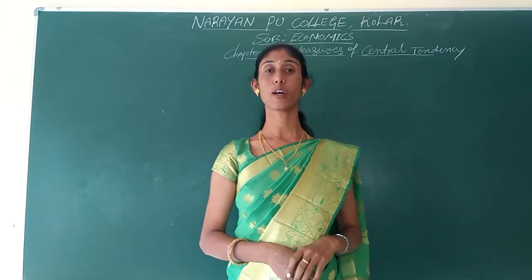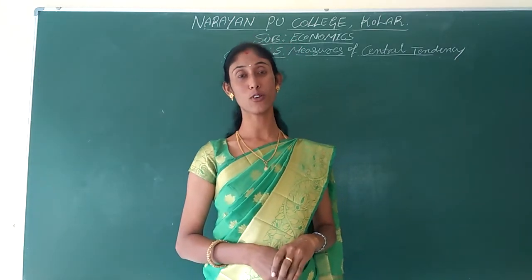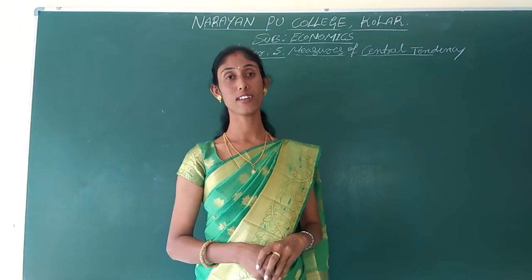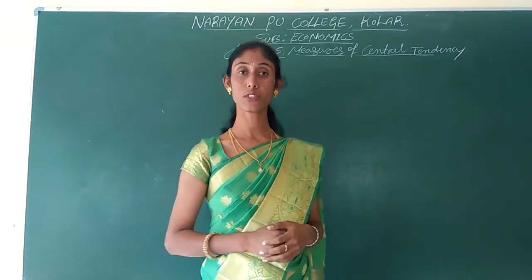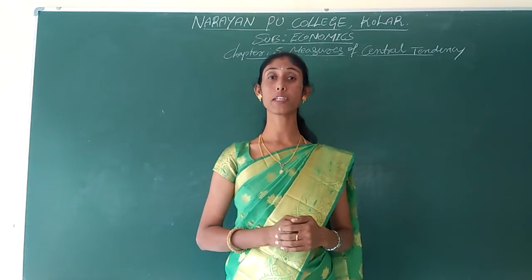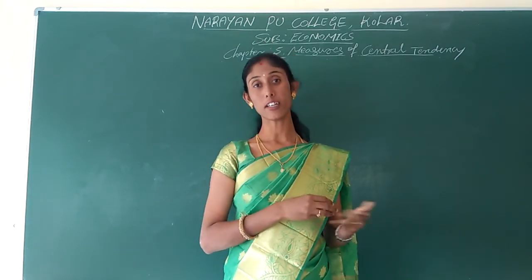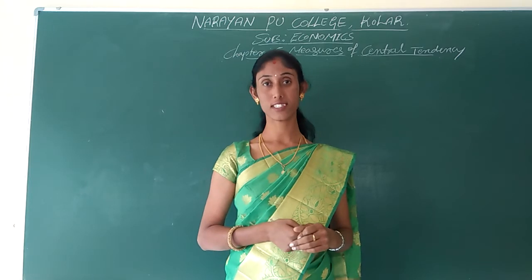In this session, we are going to continue the discussion of arithmetic mean for grouped data. Already in the previous session, we started the discussion of arithmetic mean for ungrouped data, individual series data.